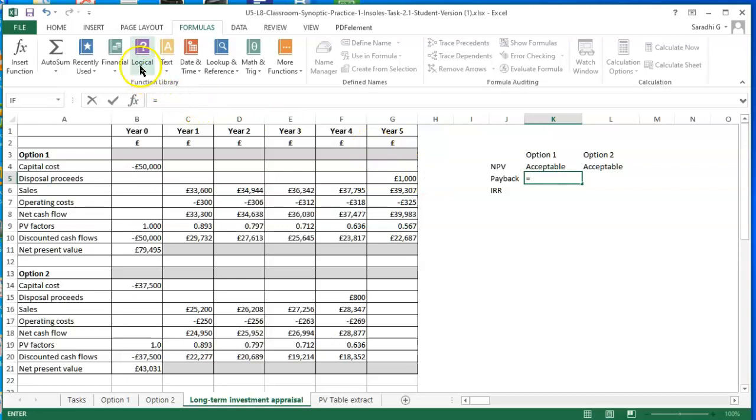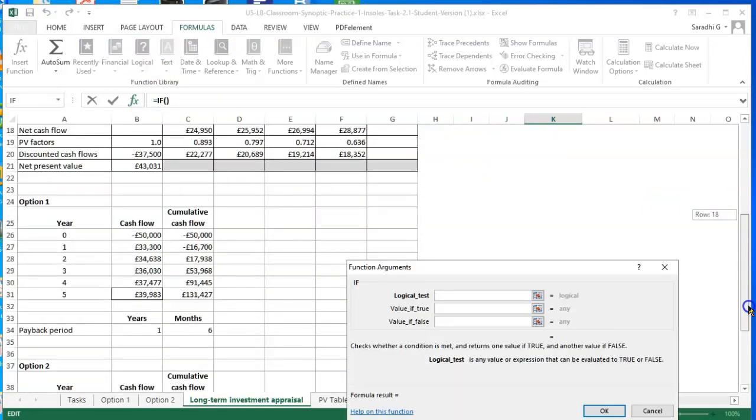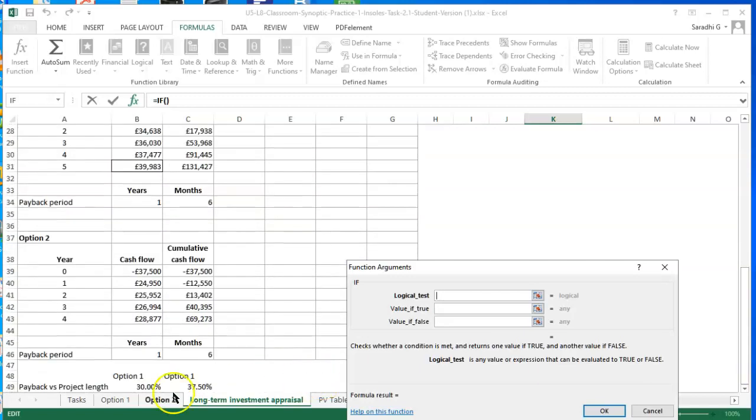So use a logical IF and look at the calculation we have done. This one is 30%. If it is less than 33.33%, that means the project is acceptable. Otherwise it is not acceptable.